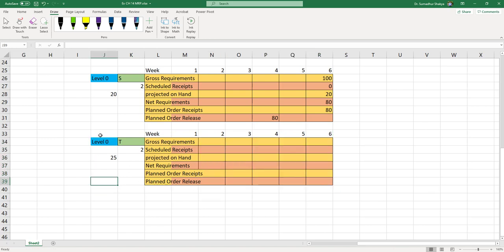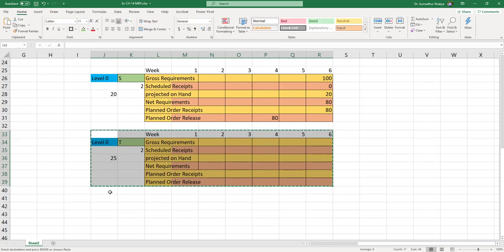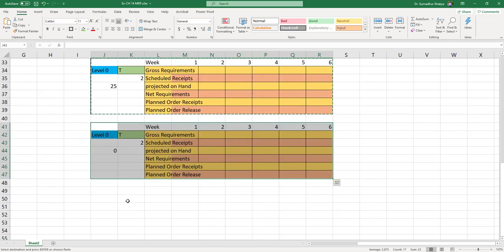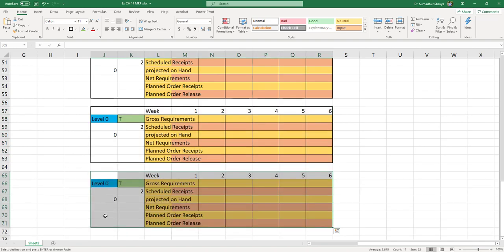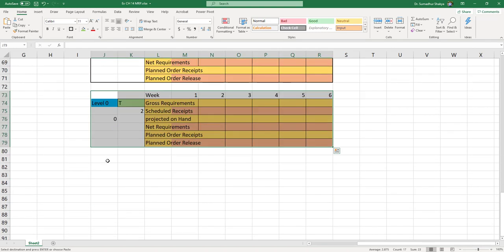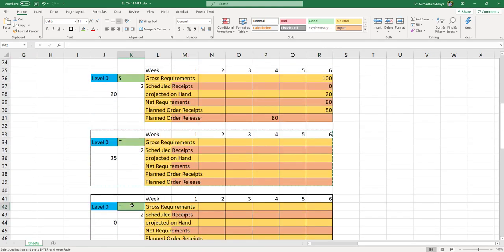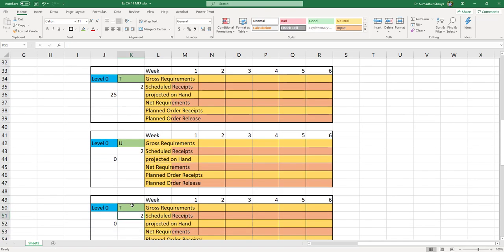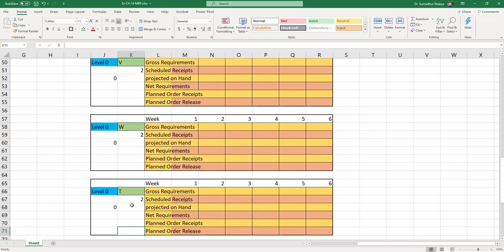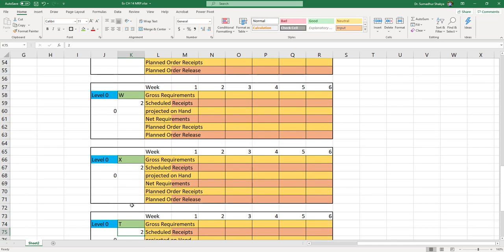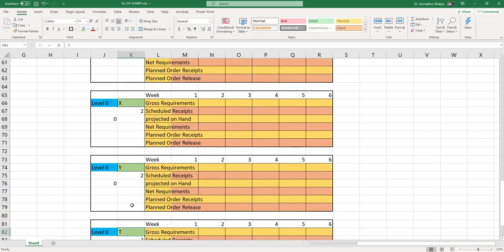And let me paste this for S, T, U, V, W, X, Y, and Z. And for each of these, I will make these equal S, T, U, V, W, X, Y, and Z.